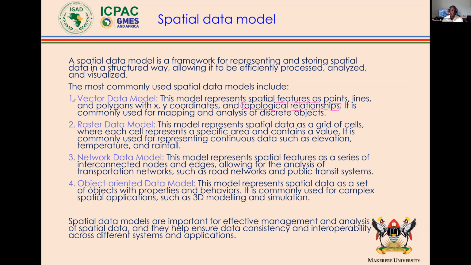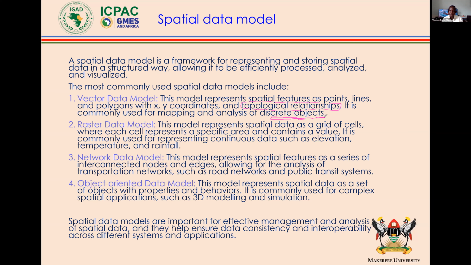So the vector data model is commonly used for mapping and analyzing discrete objects. So mark this point, discrete objects. Discrete objects are objects that have a clear boundary between one object and the other. How can I explain that? When you see the boundary between a lake and the land or the shores, there is a clear boundary.